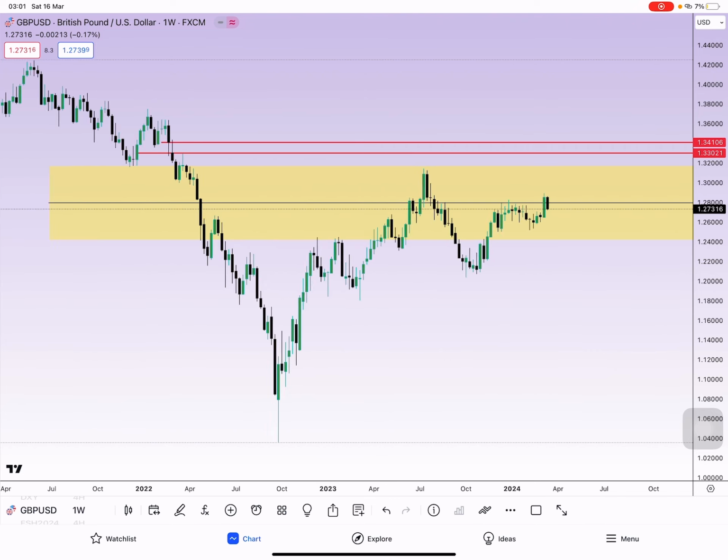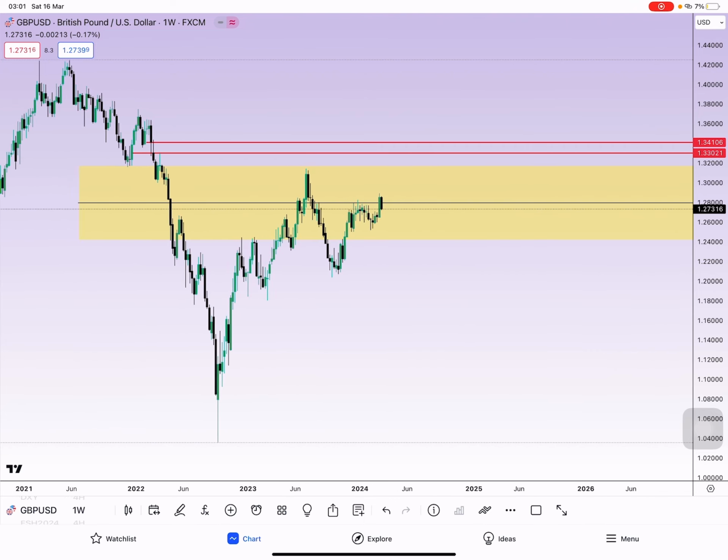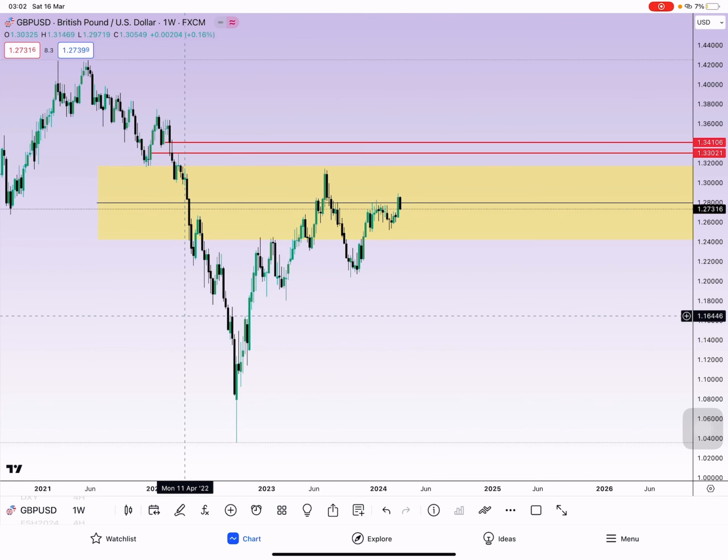As we have not seen any candles closing into this zone, this area is still of great importance, and it will play a really nice role in upcoming price action when the price reaches these zones.